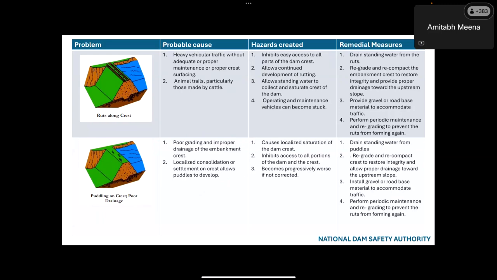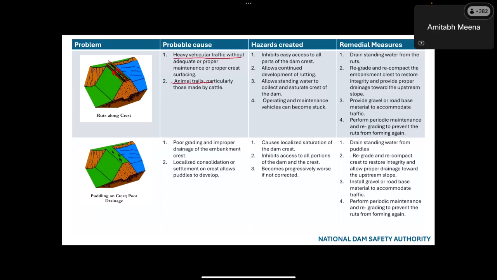See, these are the ruts along the crest. Whenever there is vehicle movement, or livestock moving over the dam's crest, some path is made along the grass. So this is due to heavy vehicular traffic or animal trails. What are the issues with this?